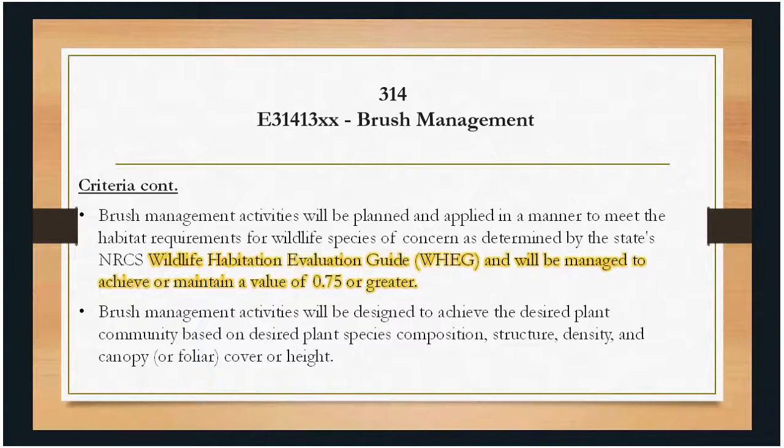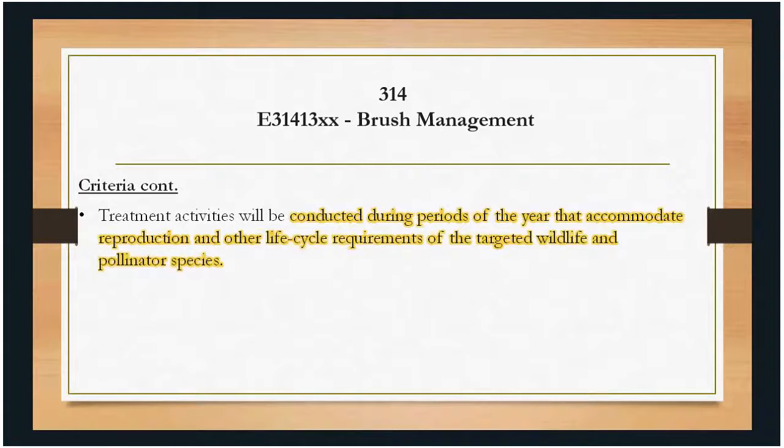And the rest of these criteria are pretty basic for brush management, just as doing the practice. You have to do these during periods of the year that accommodate reproduction and life cycle requirements of the targeted wildlife and pollinator species. So, for example, not during the nesting season.